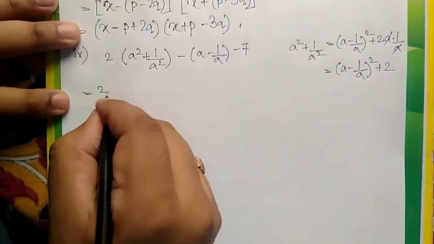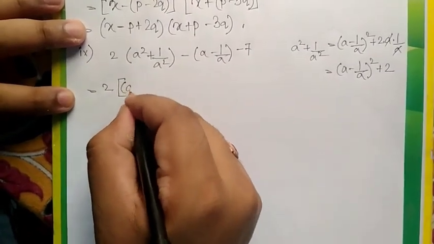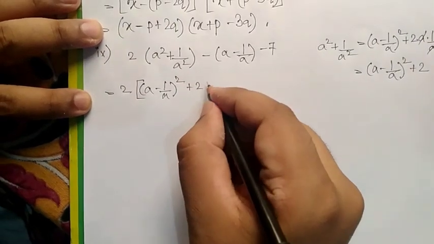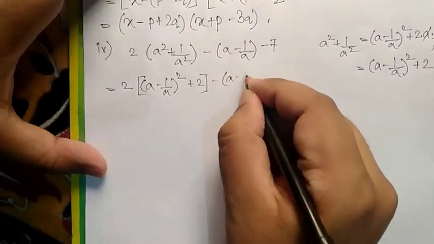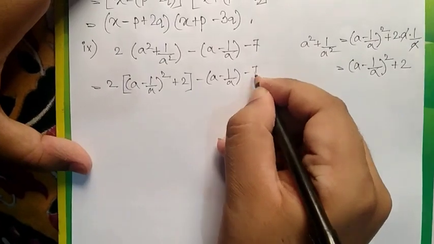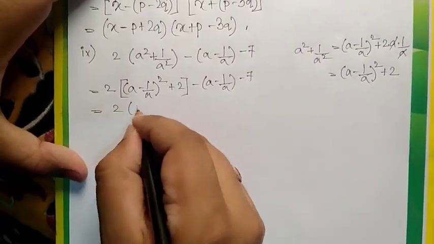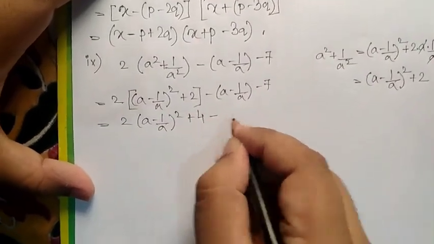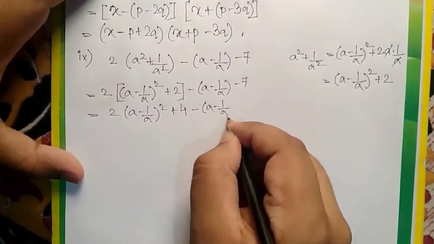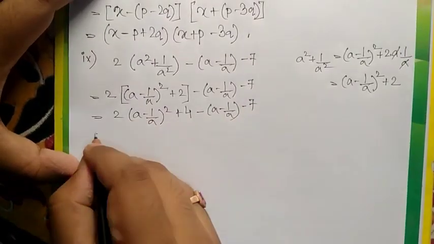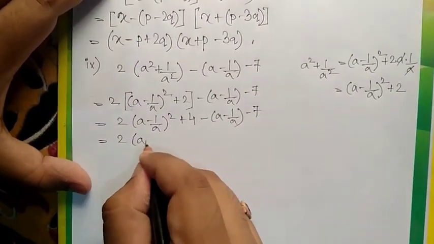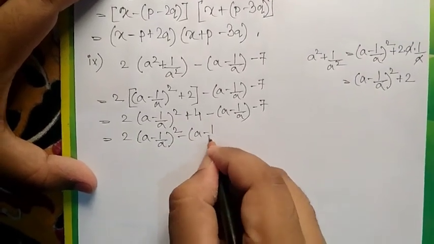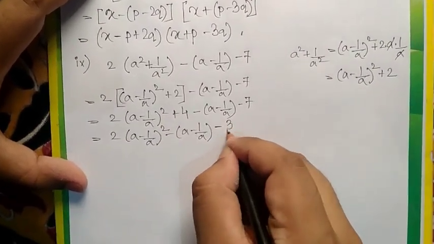So therefore 2 a minus 1 by a whole square plus 2, minus a minus 1 by a minus 7. So therefore 2 a minus 1 by a whole square plus 2 into 2, 4, minus a minus 1 by a minus 7. So therefore 2 a minus 1 by a whole square minus a minus 1 by a minus 3.